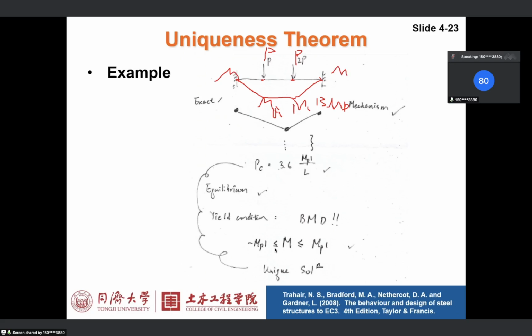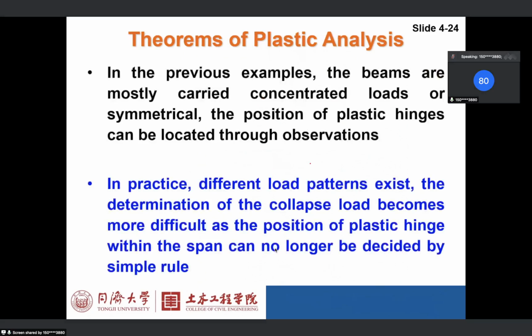And then can you use kinematic analysis to get P? P times this plus P times this equals MPL times delta, 4 MPL times delta, and then you will get P. And then you check the bending moment diagram. The yield condition is satisfied, right? Because there's no point exceeding MPL, so you get the unique solution. Try to do that after class, okay? So it's very simple.